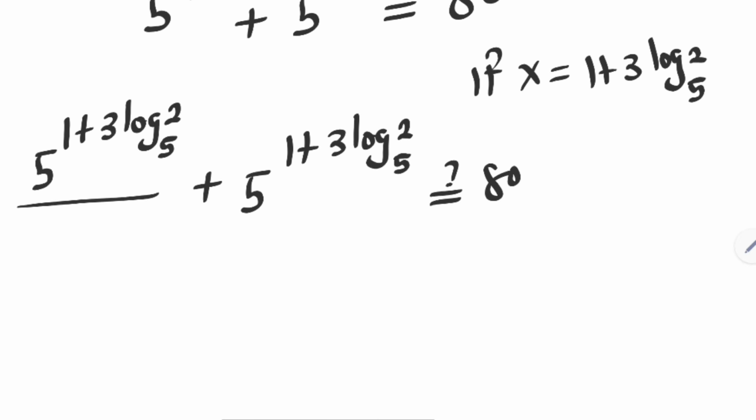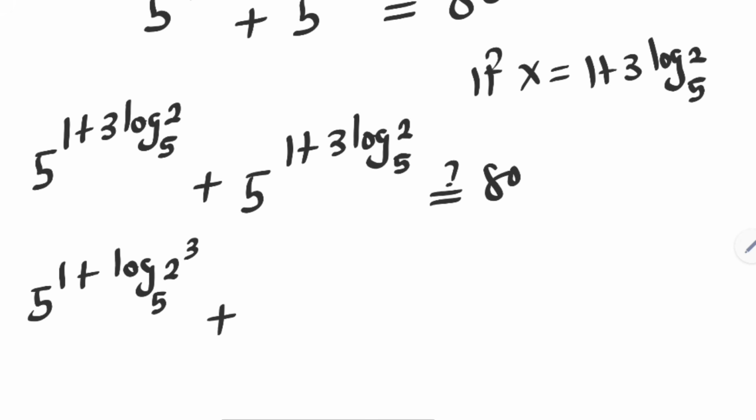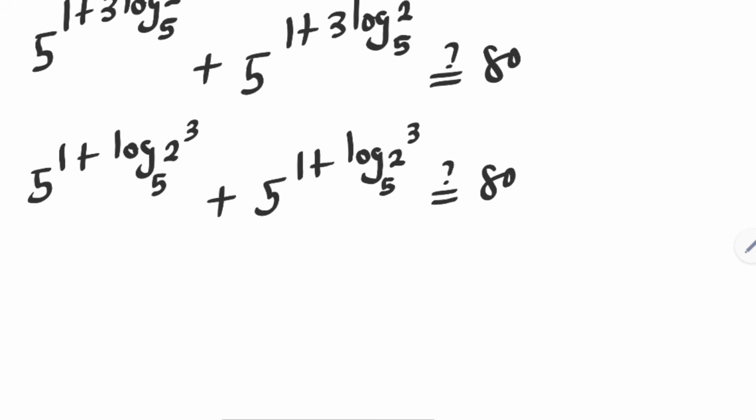Then this can be written as 5 raised to power 1 plus log 2 raised to power 3 base 5 plus 5 raised to power 1 plus log 2 raised to power 3 base 5 must be equal to 80.